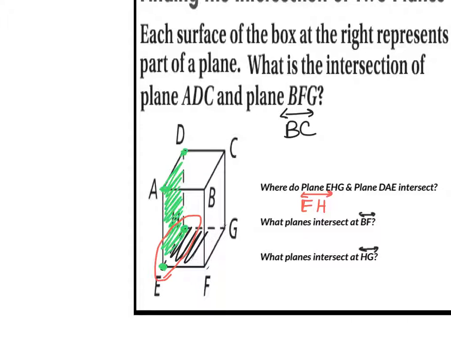I'm looking at line BF here. We're going to outline line BF, and we'll make this a little bit thicker this time. So line BF is outlined right there in red. It wants to know what planes intersect at line BF.